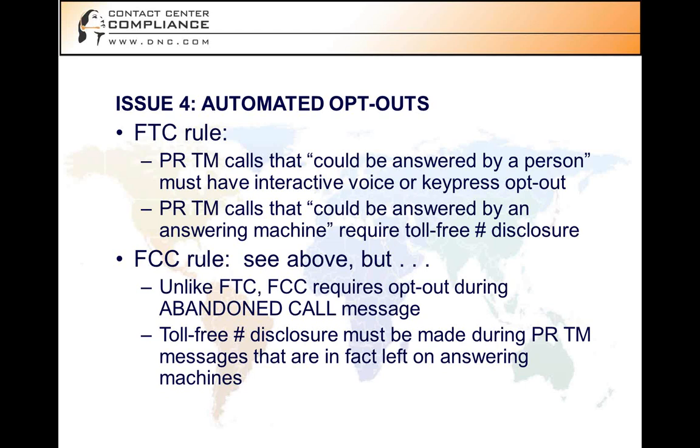And so if you want to comply with the black and white rules that have been issued by the FCC, in your pre-recorded message, you're going to have to include both the potential for an interactive voice or key press opt-out and the disclosure of a toll-free number that people can call in order to assert a do not call request.